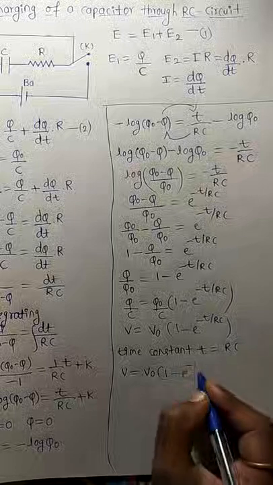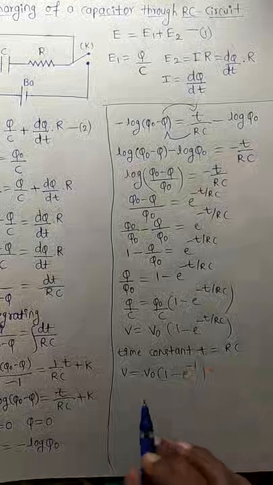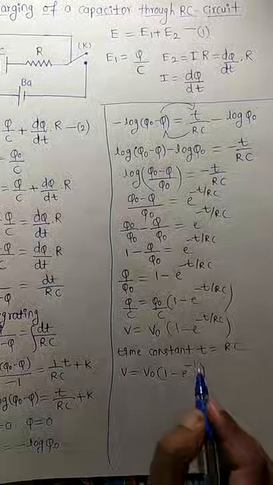So you got e raised to minus 1, isn't it? So we got the phi value which is equal to phi naught into the bracket 1 minus e raised to minus 1.